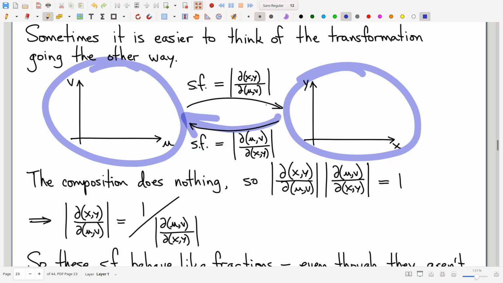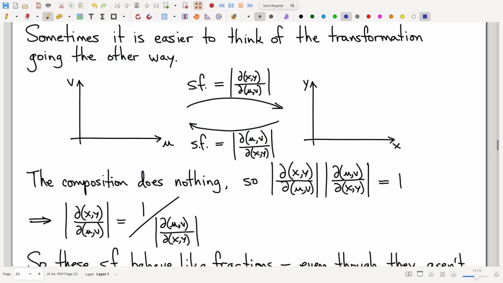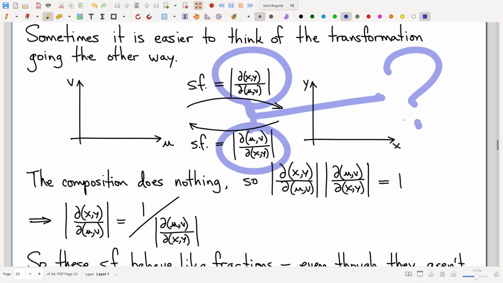So when it turns around, you take the partials of the other variables with respect to the other variables.